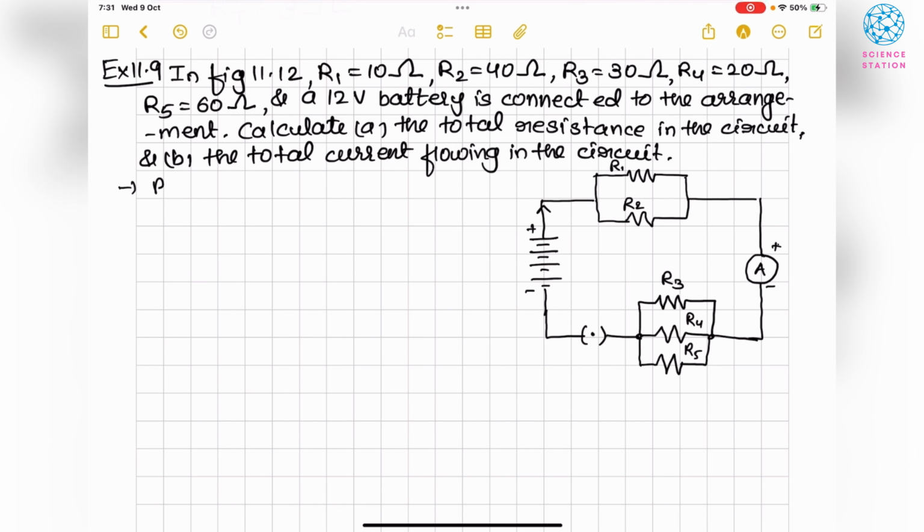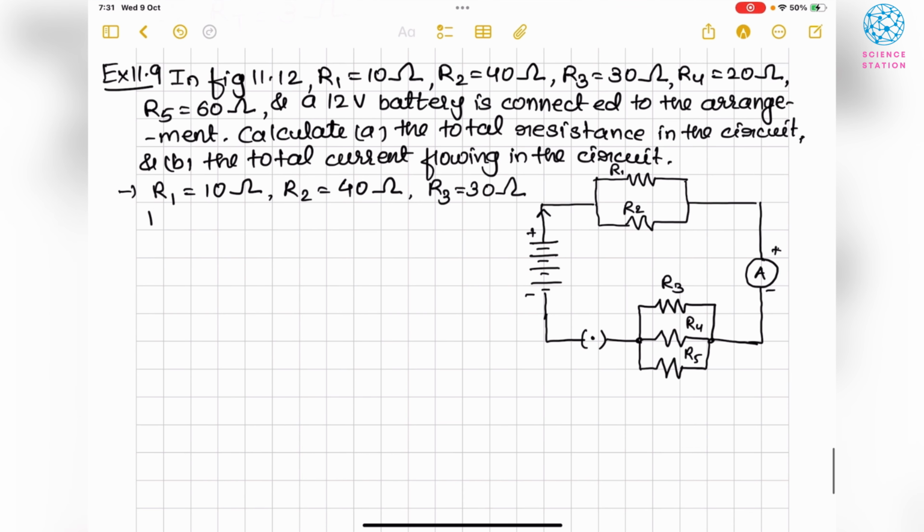So let us first write all the things which are given. R1 is 10 ohm, R2 is 40 ohm, R3 equal to 30 ohm, R4 is 20 ohm, R5 is 60 ohm, and voltage is 12 volt.